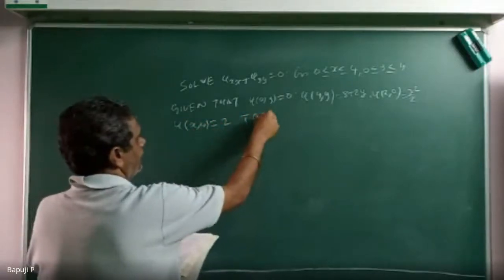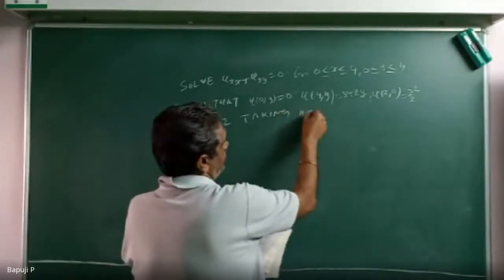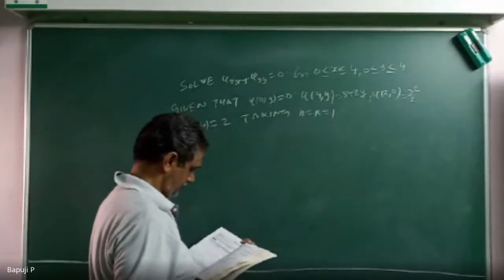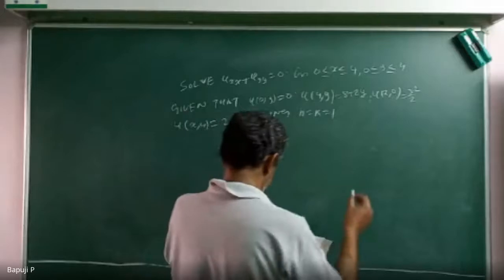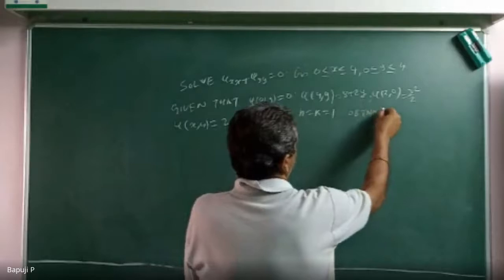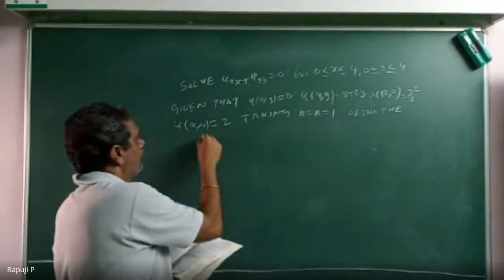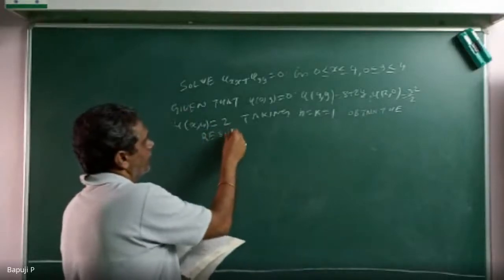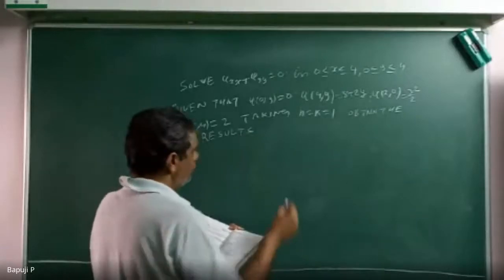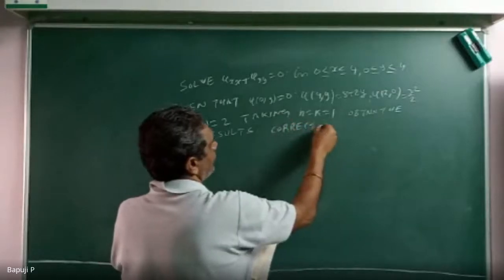Taking h equal to k equal to 1, obtain the results correct to one decimal.